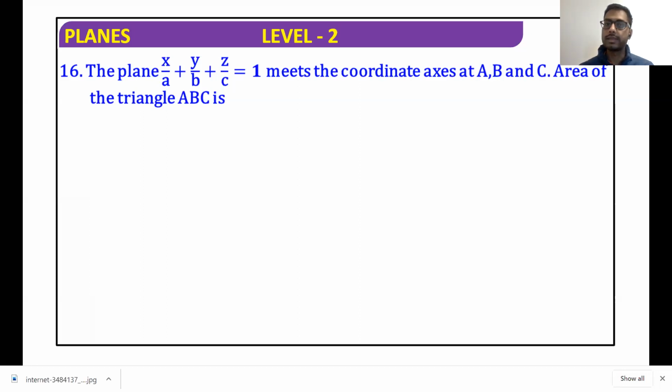Or if you have your three points A, B and C, then you can use half into AB cross AC. In cross product of vectors we have seen the area of triangle is half AB cross AC. So what we are going to need over here is the value of AB, then the value of AC, and then we can directly substitute those values in half AB cross AC.